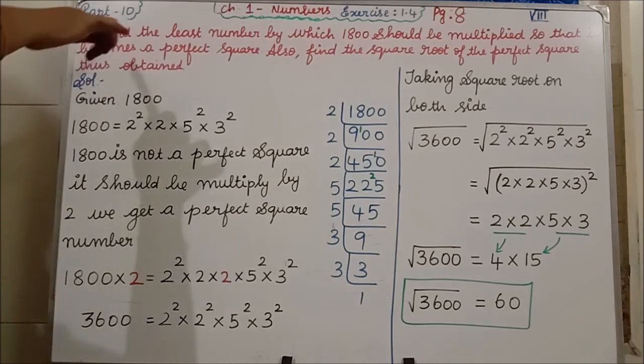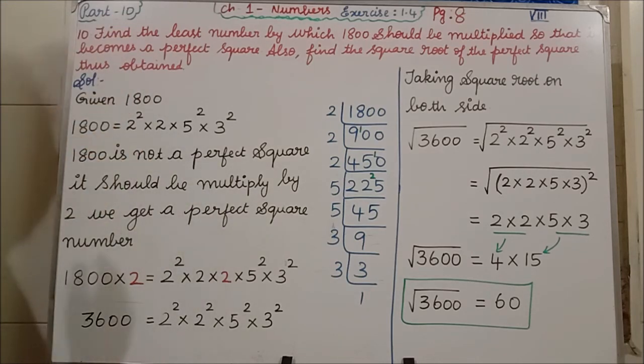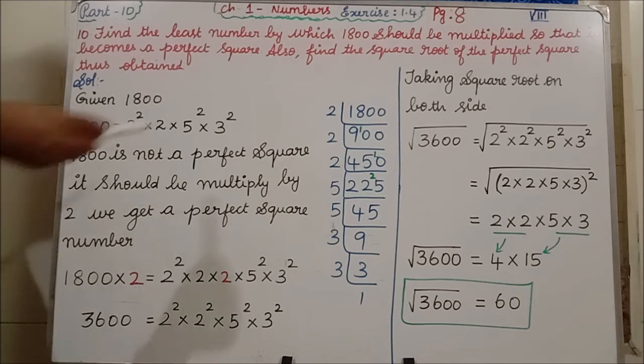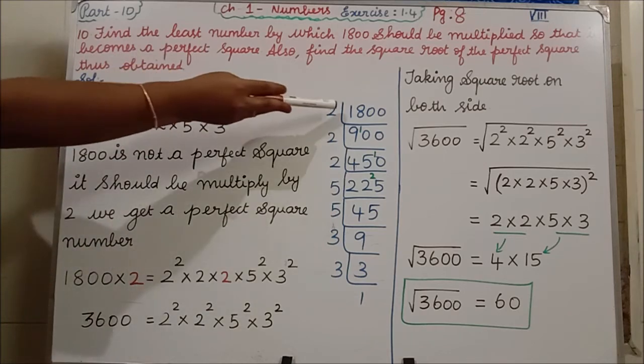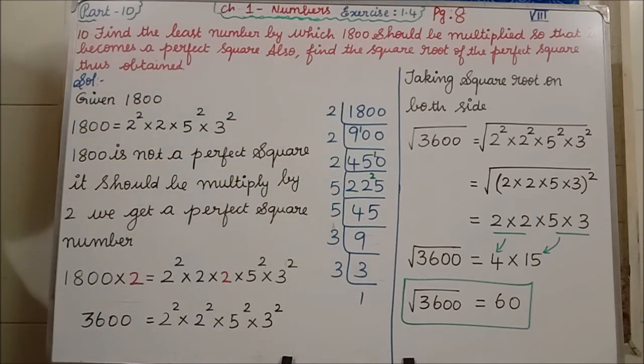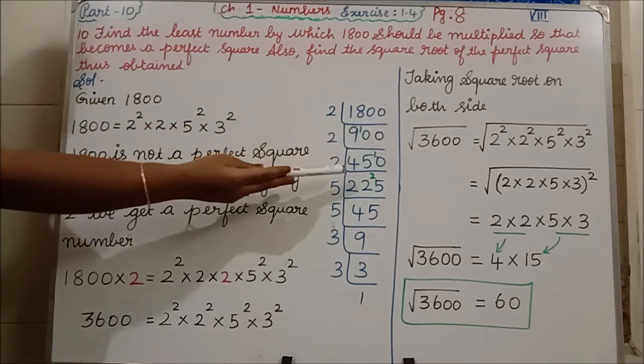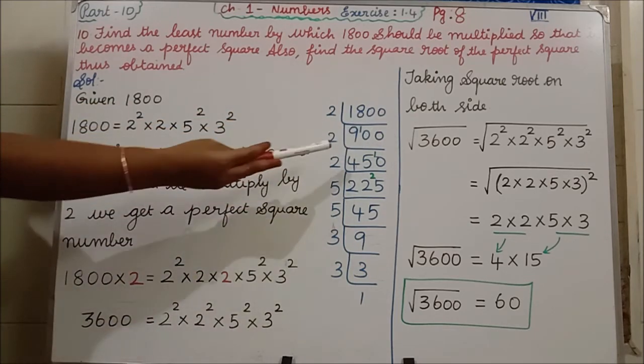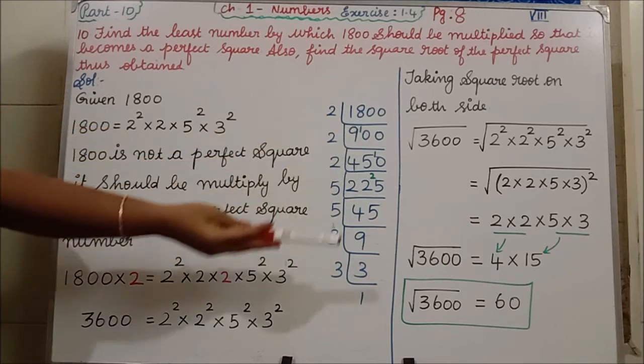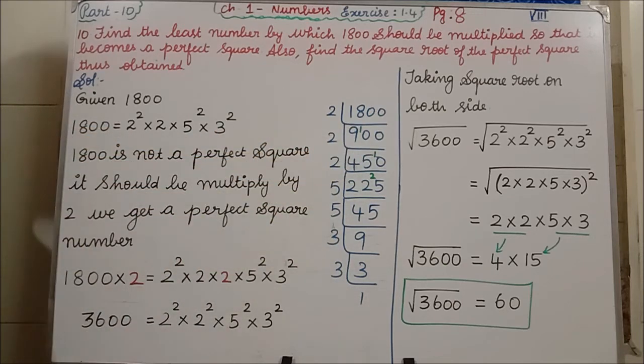Okay, I am going to solve this problem by the prime factorization method. See, I have done the prime factorization here. 1800 I have factorized. See, 9 2s are 18, 0, 0. Again 2 table, 4 2s are 8, remainder 1, 5 2s are 10, 0.